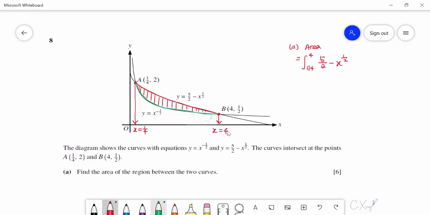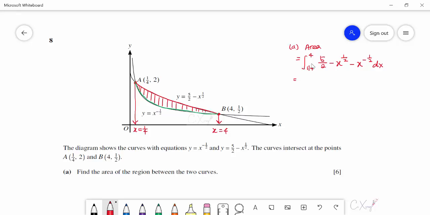The bottom curve will be actually minus x negative half. To get the answer for the area, we need to integrate this function, which means it is the curve on top minus the curve at the bottom. Then the limits will be the intersection points between the two curves.